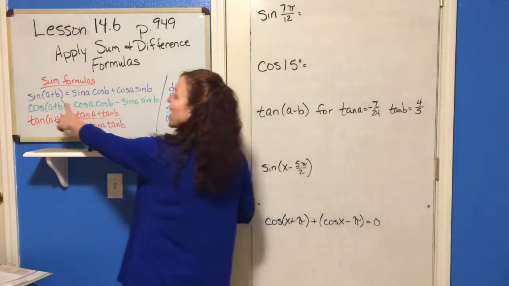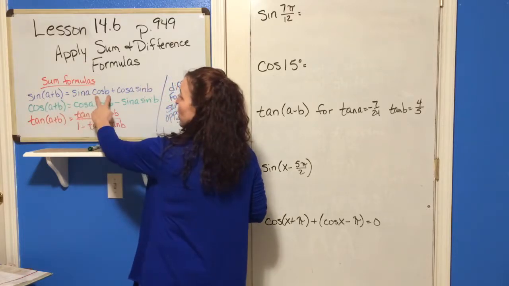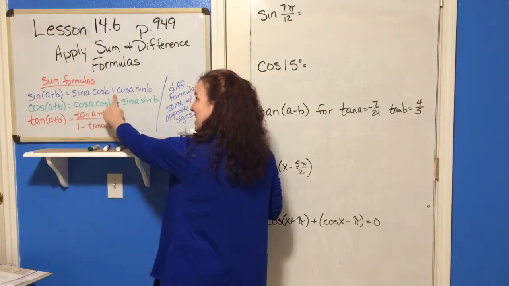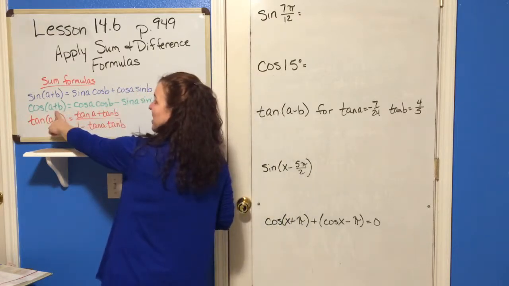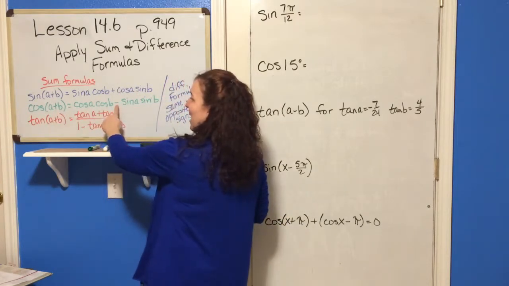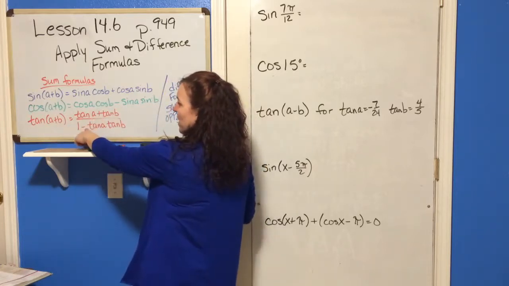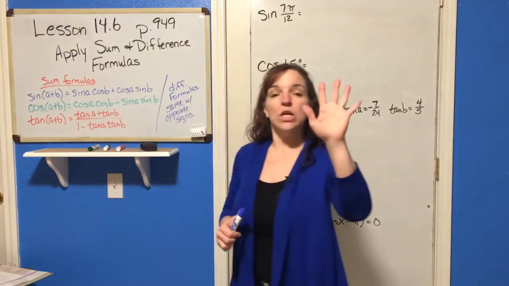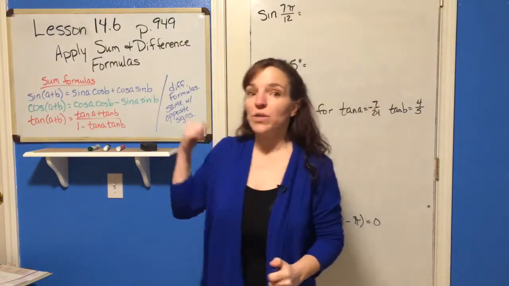So if you're subtracting, sine of a minus b is sine a cosine b minus cosine a sine b. And if you're subtracting here, then you're going to add here. And if you're subtracting here, you're going to subtract here and add here. Now, if that was too confusing, then go to page 949 and copy those down. Otherwise, we're going to use this.